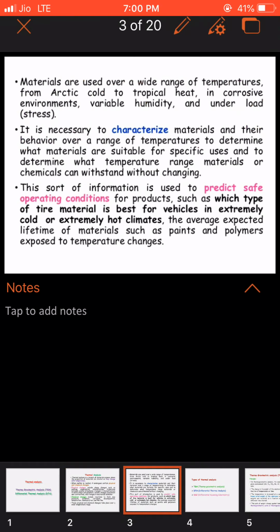Why we should study materials and their temperature changes and also their physical properties and chemical properties changes, which rely on change in the temperature. We need to study these materials and find out what happens when temperature in those materials changes, because we use these materials in different parts of the world, and in different parts of the world we have different temperatures.